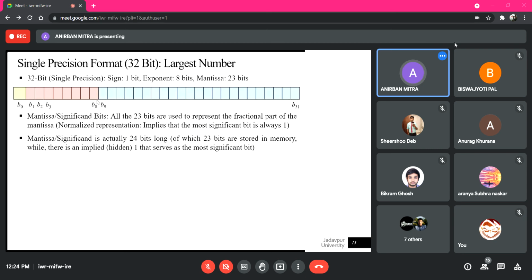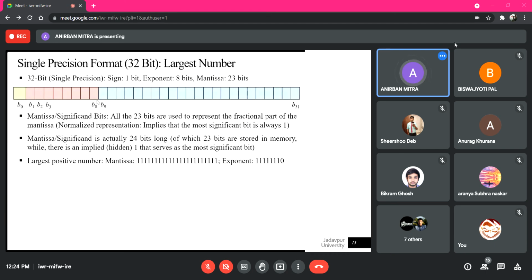That is the most significant bit. Remember that expression that was shown previously in one of the slides that you can use to get a value for the number represented through this format.